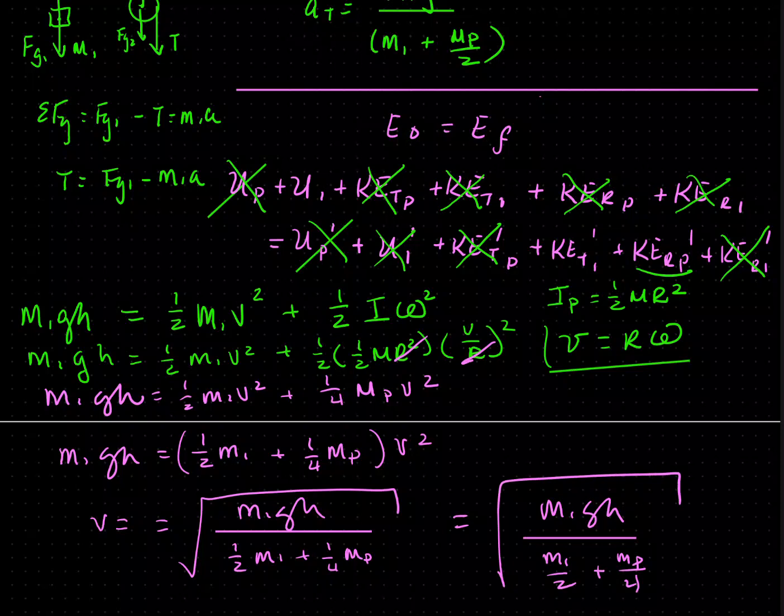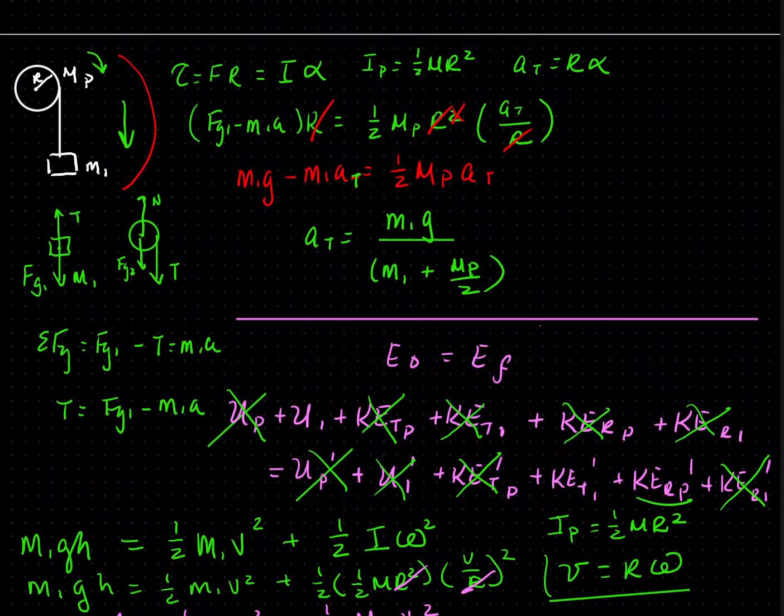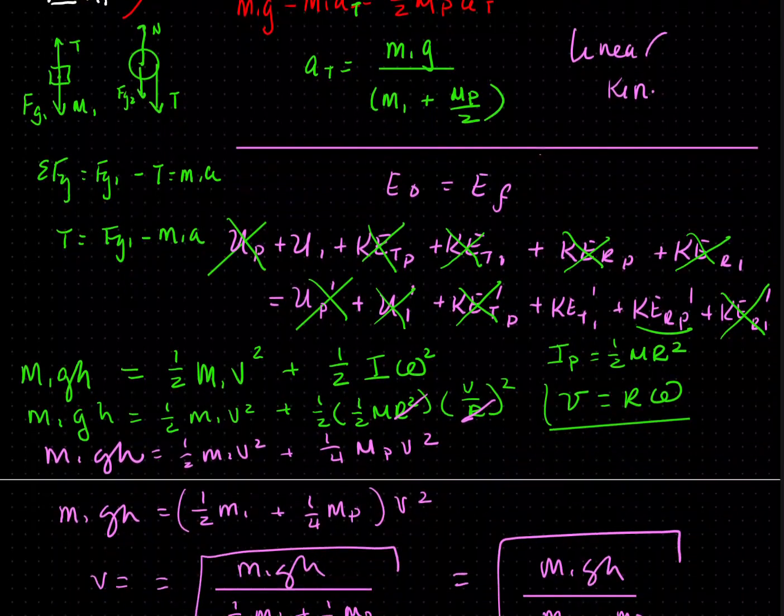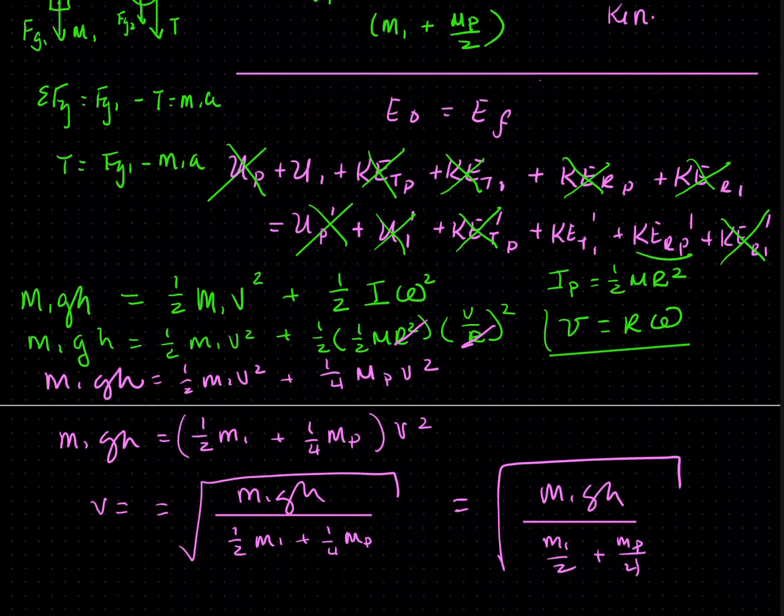So whether you use the first method, using the torque and then the linear kinematics equations to solve for the final velocity, time, or the height, or you use the conservation of energy, you'll still get the same answer.